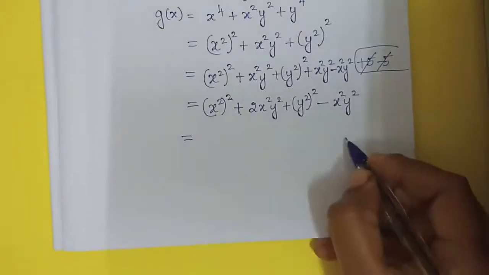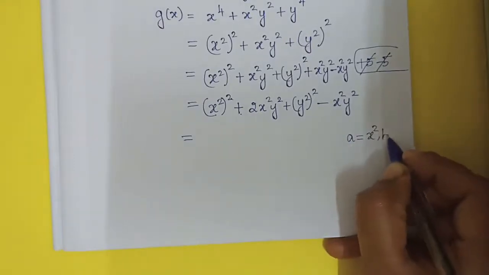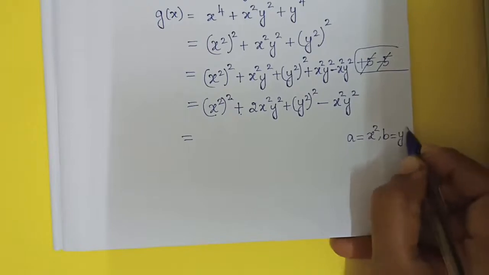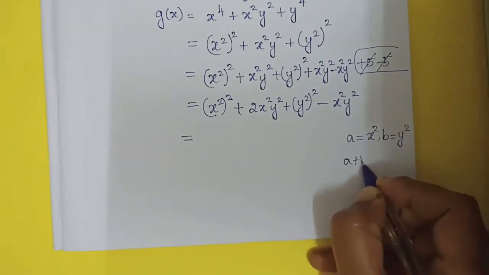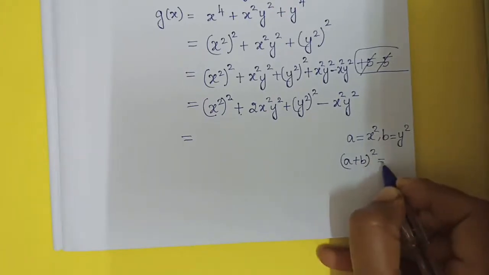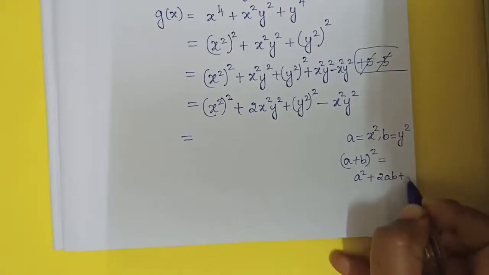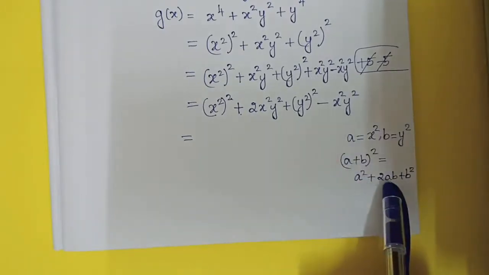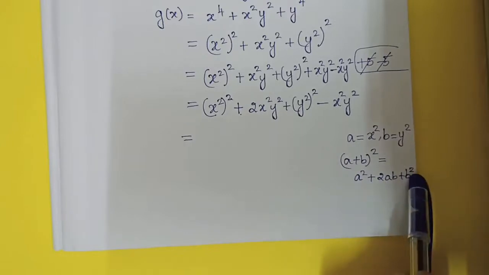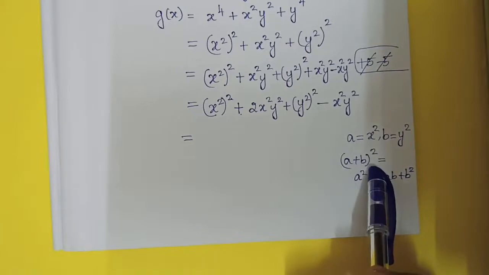So if we put a equal to x square and b equal to y square, then we can apply which formula? a plus b the whole square equals a square plus 2ab plus b square. So this is in this form: a square plus 2ab plus b square. So instead of this, we can write a plus b the whole square.